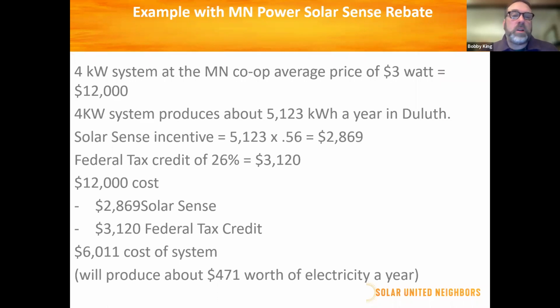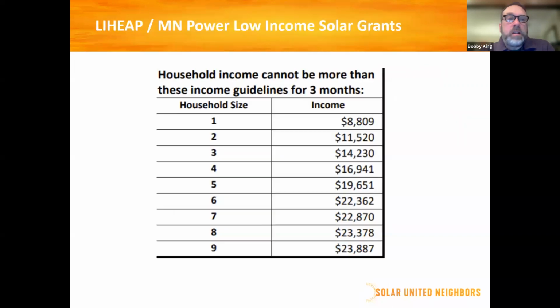So 5,123 kilowatt hours times 56 cents is 2,869. So that's what your Minnesota Power Solar Sense payment would be. And the federal tax credit's 3,120. So you can see it covers almost half the cost of the system if you can get both incentives. What's the next slide?